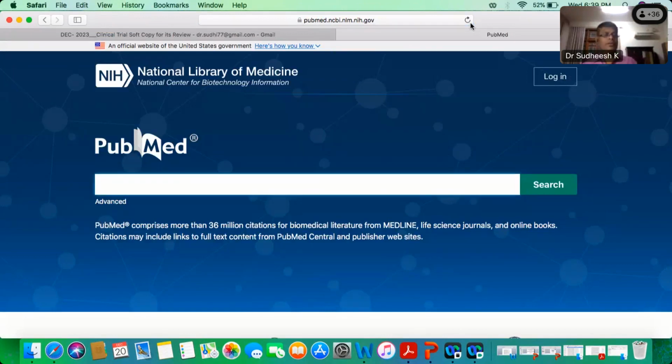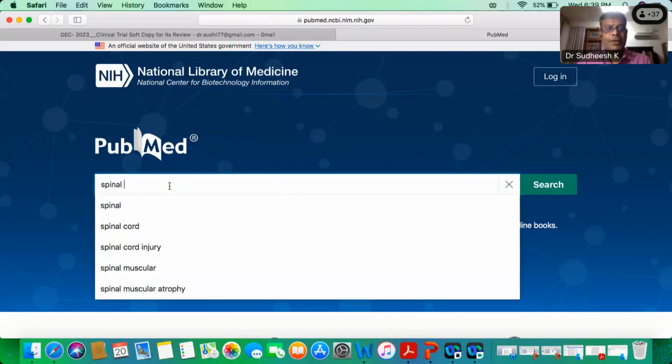For example, let us say you want to do a study on spinal anesthesia in geriatric patients. You usually use keywords, for example spinal, or subarachnoid, and you also mention geriatric patients.